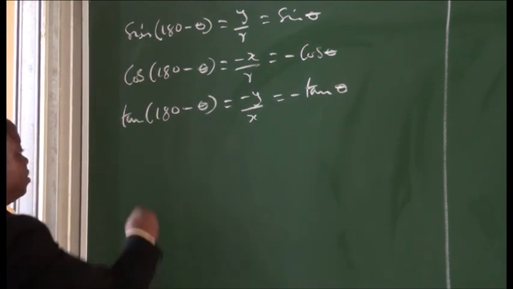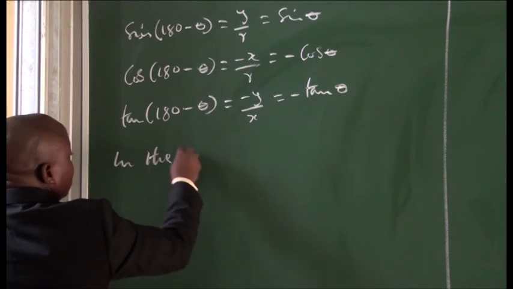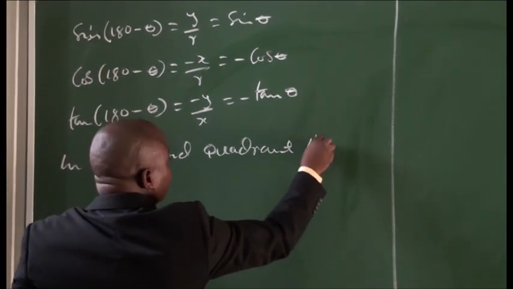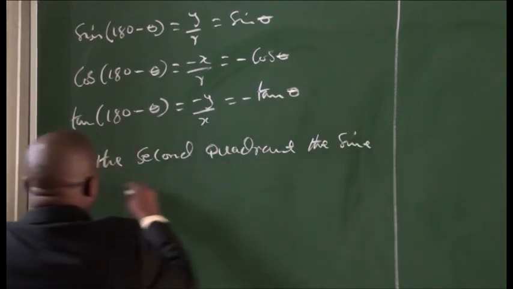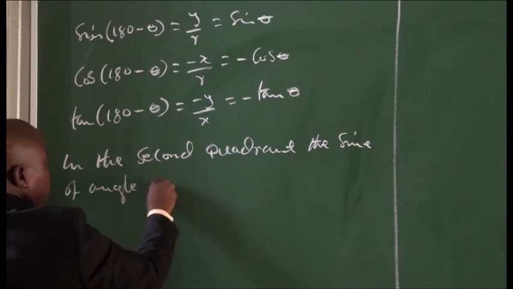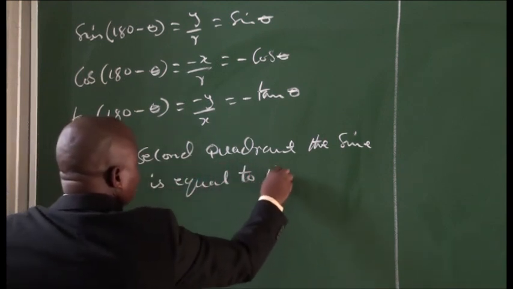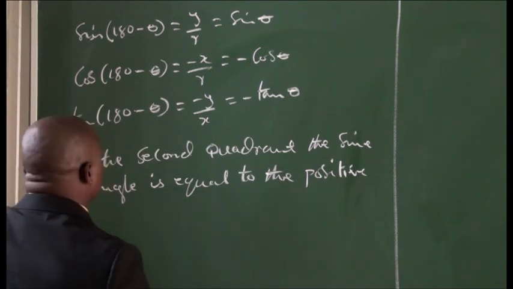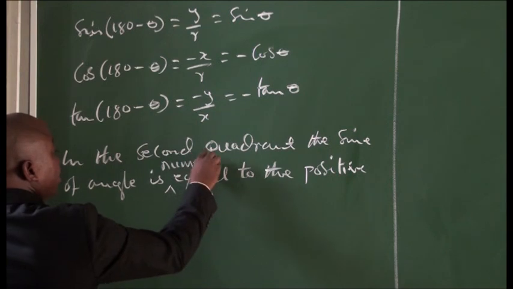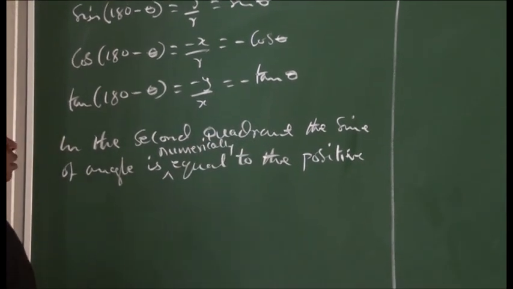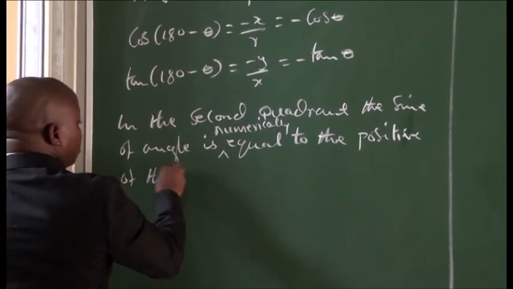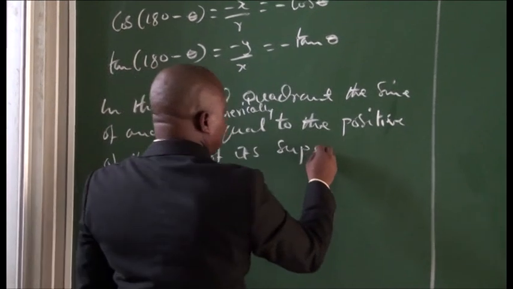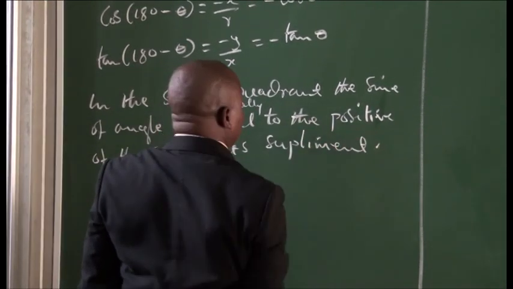We can then see that in the second quadrant, the sine of an angle is numerically equal to the positive of the sine of its supplement.